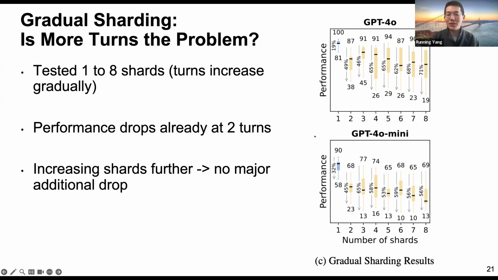So this tells us that the main issue is not about the number of turns. The problem is that once we enter a multi-turn setting with incomplete information, the model already starts to struggle. That's why they conclude that the main cause is under-specification, which is common in real-world deployment.